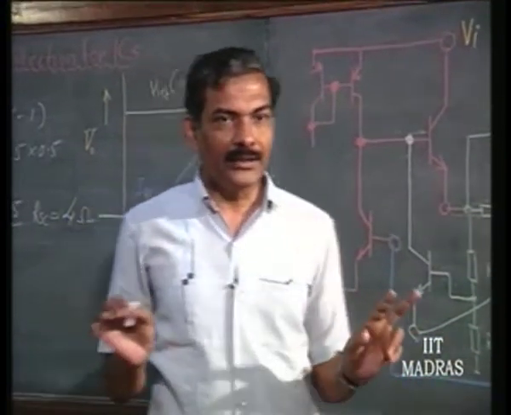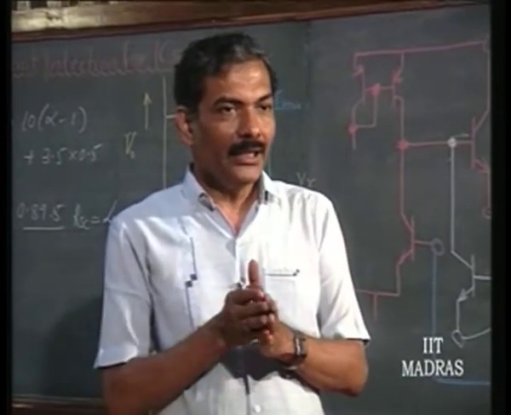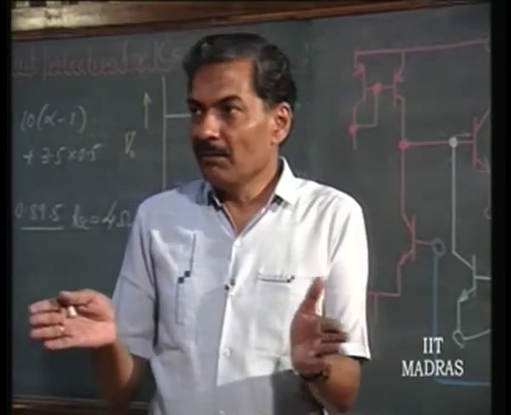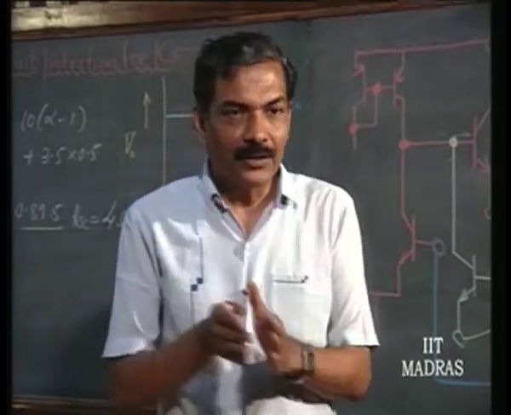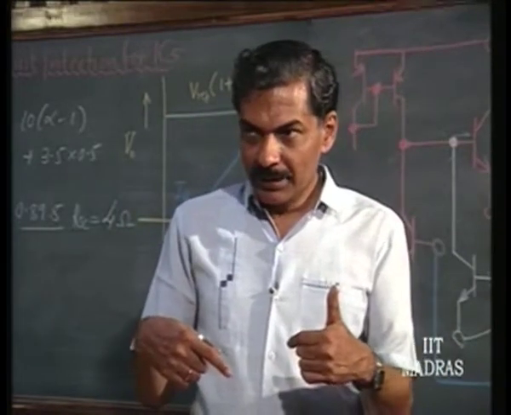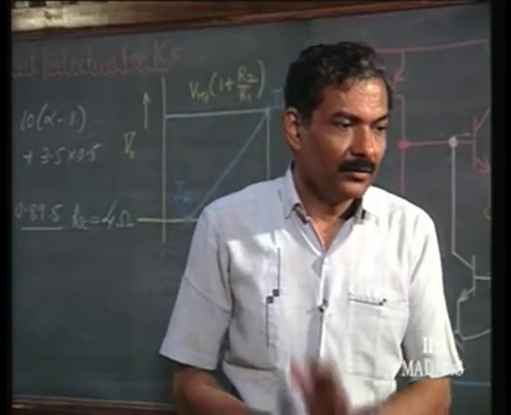It is like negative feedback being used for improving the performance or desensitizing the performance factors from the active parameter. So, we do not want our protection circuitry to depend upon any active parameter.